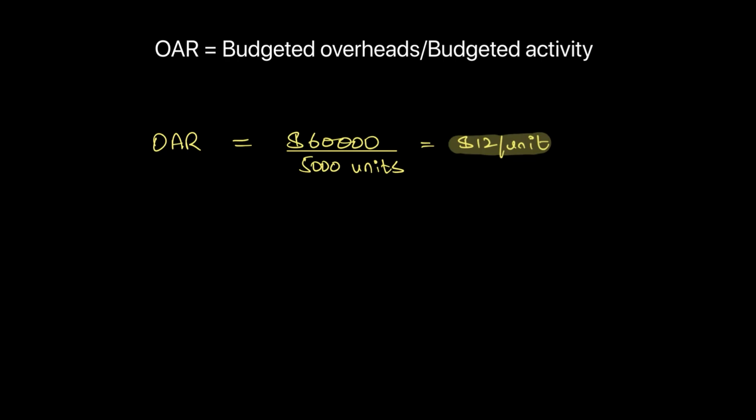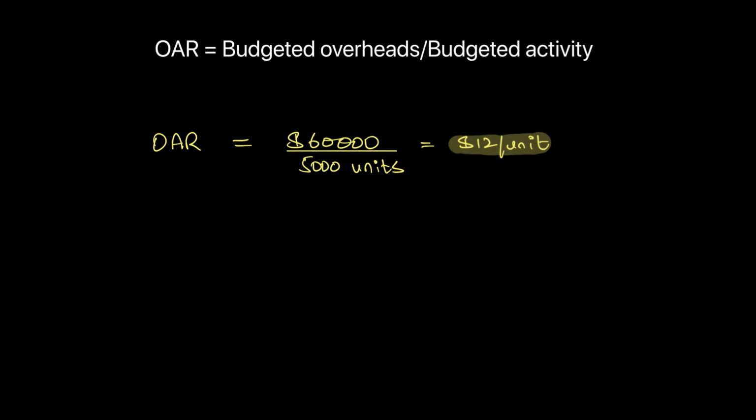You need to understand the meaning of it. This means that besides your direct cost, for every unit that I make, each unit will incur $12 as indirect costs, which will amount to the cost for rent, electricity, and salaries for this example. So besides those 3 costs, we also have the indirect cost per unit, which is $12 over here.